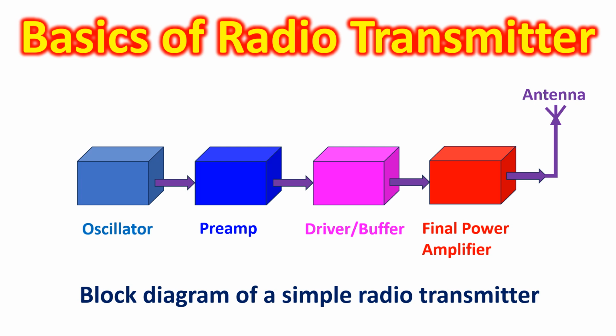If only the radio frequency carrier wave is sent with breaks and makes corresponding to the Morse code formerly used in telegraphy, then it is known as CW, continuous wave transmitter, which is the simplest one.